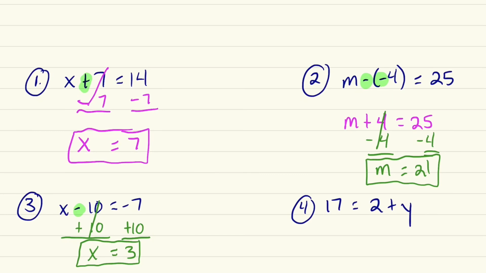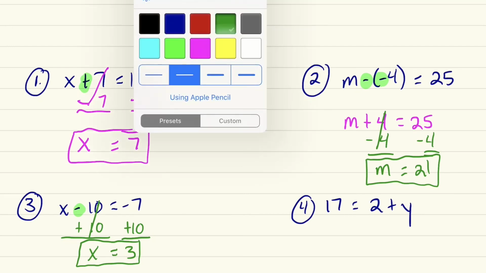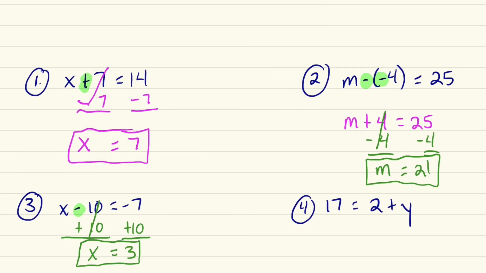Moving on to the last example. In this one, everything's flipped backwards from how we've usually seen it in the first 3 examples. That's okay. It doesn't matter. What we want to look at is this right side, and notice that we have y plus 2. The thing we need to focus in on here is the 2 and what's in front of it. There's no negative sign.